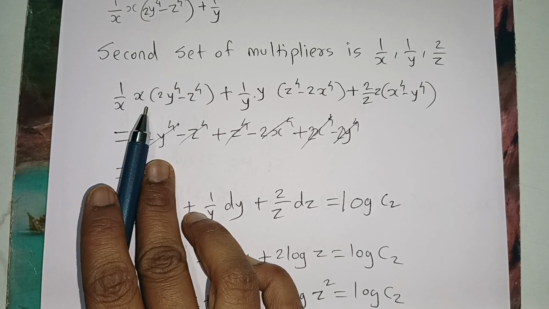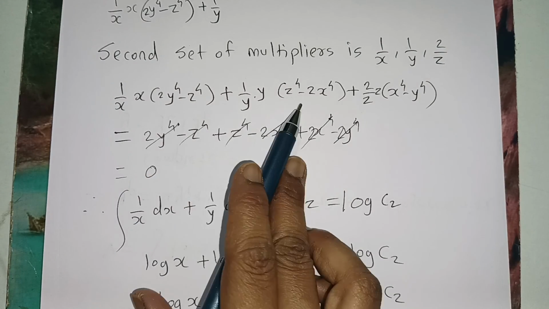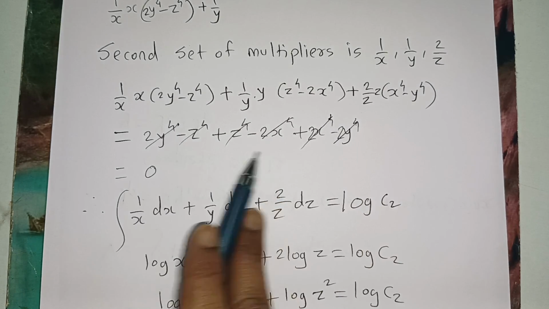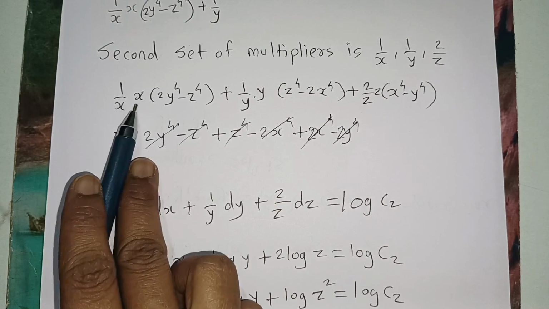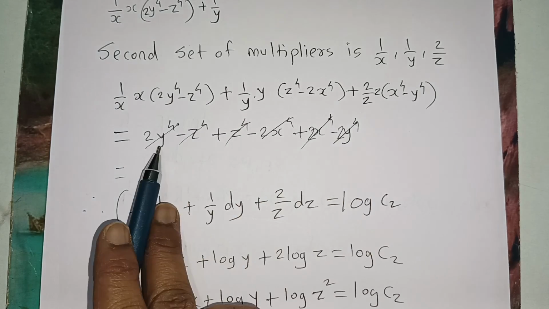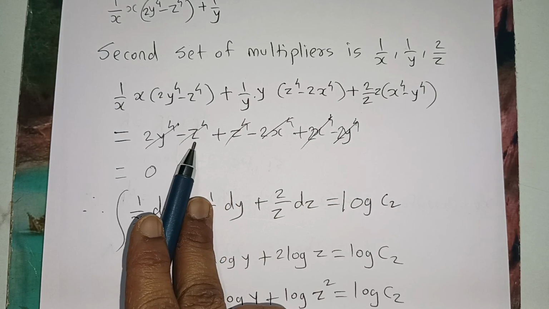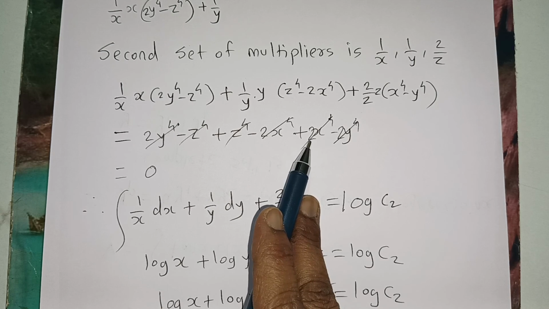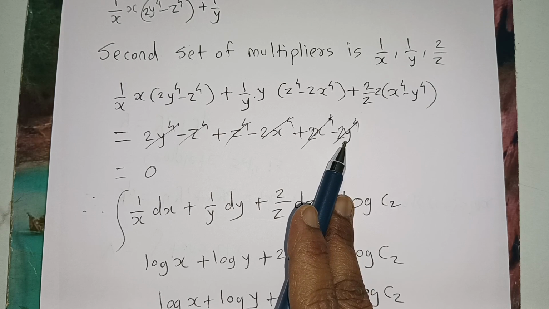1 by x into P plus 1 by y into Q plus 2 by z into R is equal to, with x cancelled, y cancelled, z cancelled, 2y raised to 4 minus z raised to 4 plus z raised to 4 minus 2x raised to 4 plus 2x raised to 4 minus 2y raised to 4.